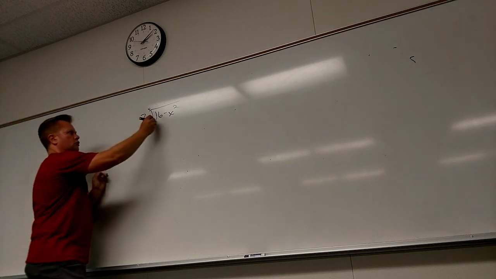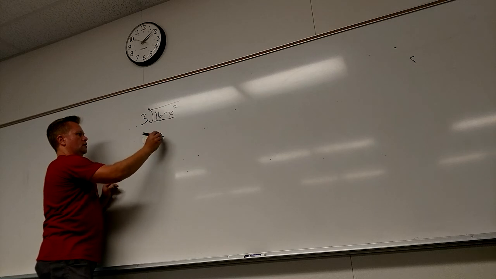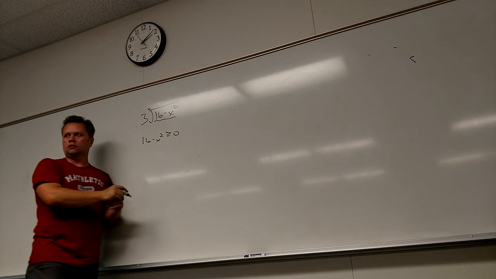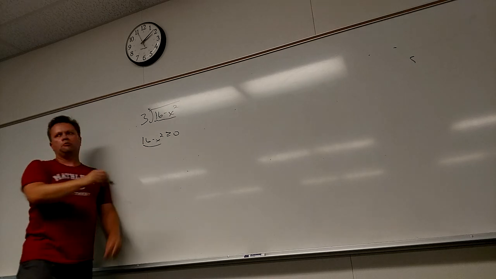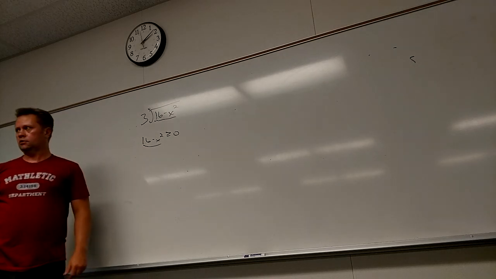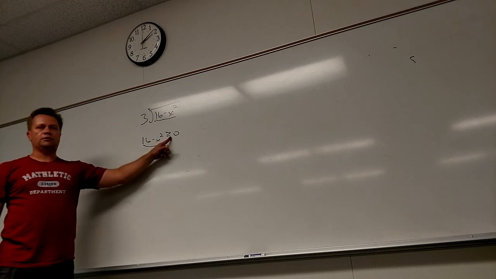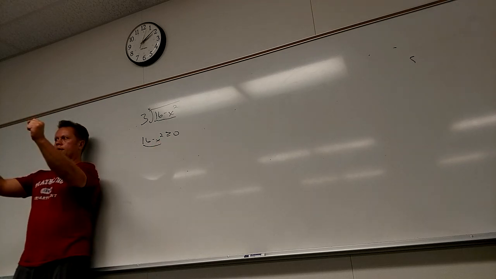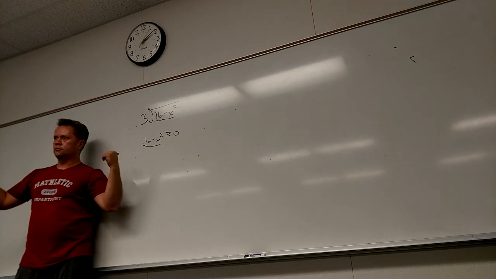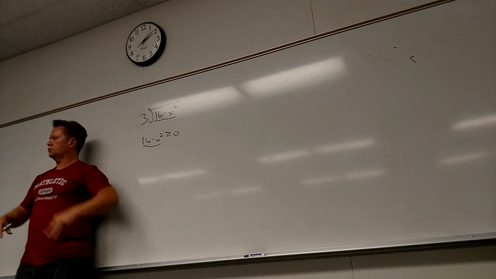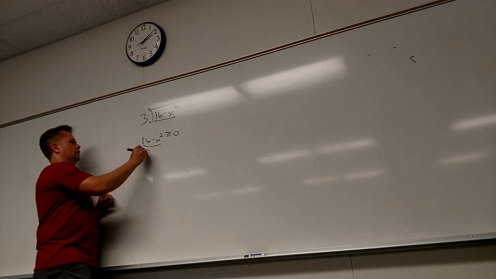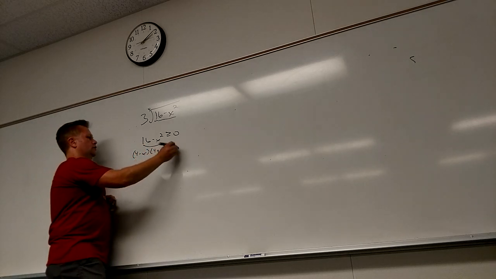So what's got to be true about the inside? To keep it from being complex, it's got to be greater than or equal to 0, right? This would be a down parabola, wouldn't it? So then where is it greater than or equal to 0? In between its x-intercepts. That's the quick way to do this. You could do some long algebraic way of doing this, and it would be like 4 minus x, 4 plus x is greater than or equal to 0.